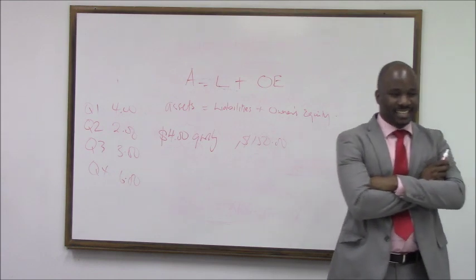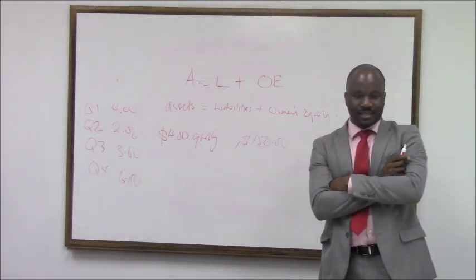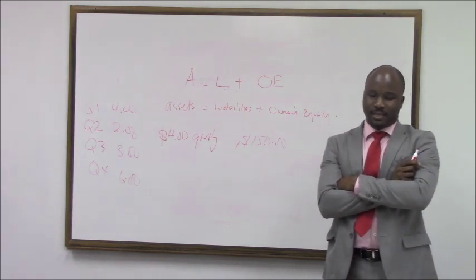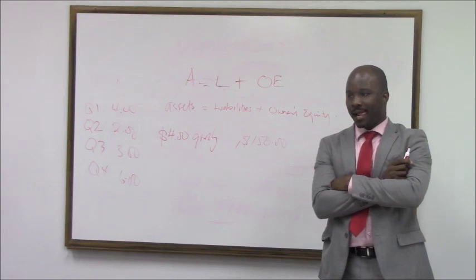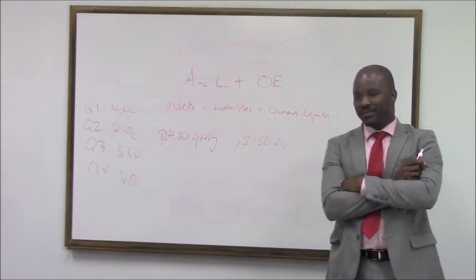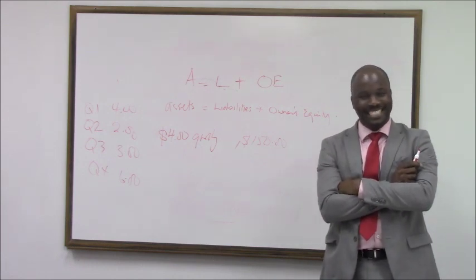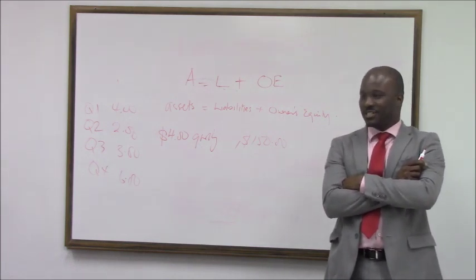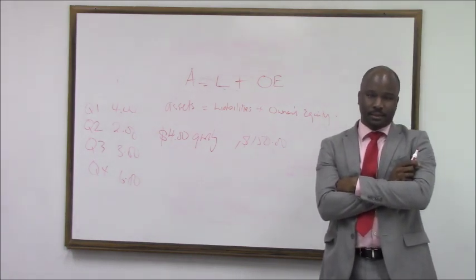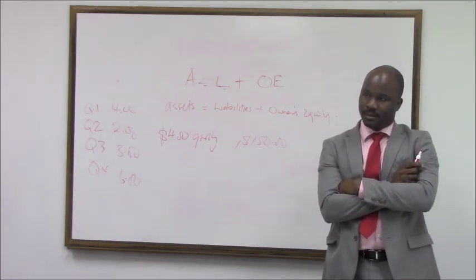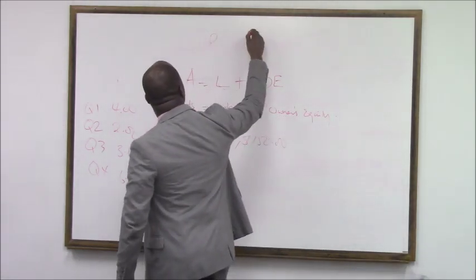What are two things that determine the amount of dividends that are paid for the year? Capital gain is one of them. No?